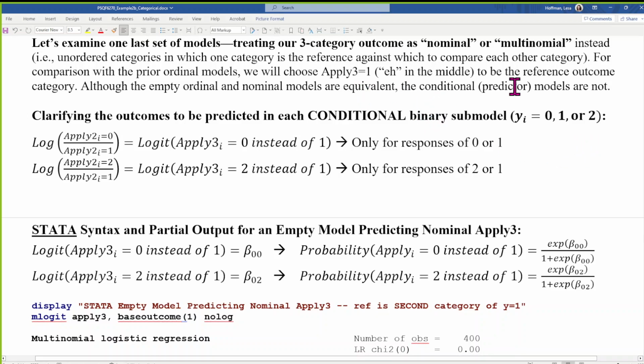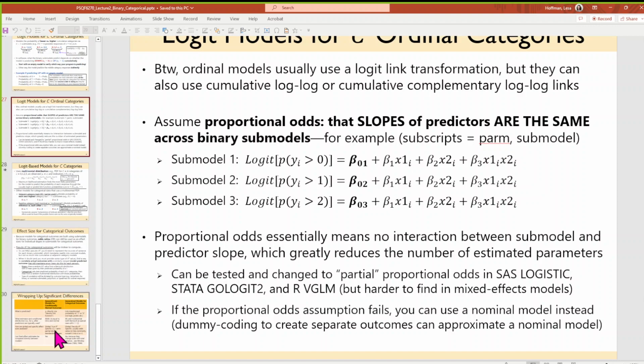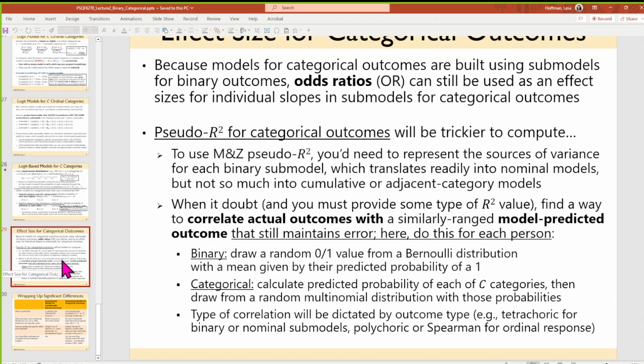You want to talk about something else instead? I've got a couple slides I can do instead. Effect sizes. We can talk about this one real quick, and then we can go home early. How about that? Let me do the last two slides here, and then we'll do nominal next time. How's that sound? Okay. All right.